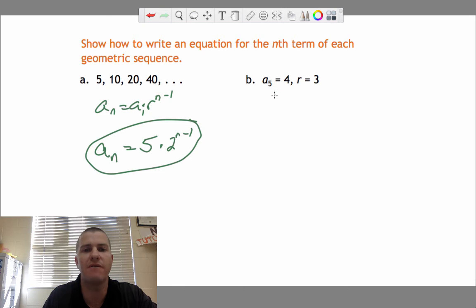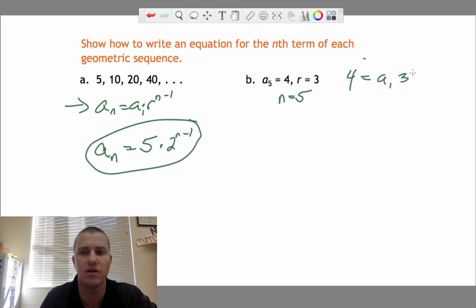And this one I have to find the a sub 1. Okay, well I know a sub 5 is 4, and that would make the n 5. So I'm going to go back to the a sub n formula. I don't know a sub 1. I do know the common ratio is 3. And my n is 5. So 5 minus 1 is 4.